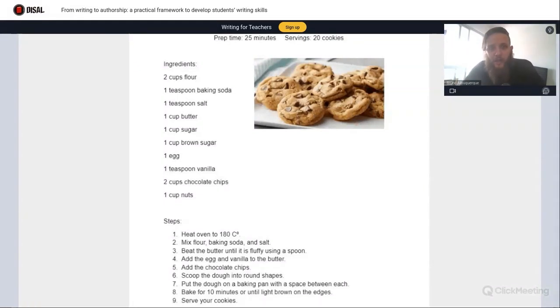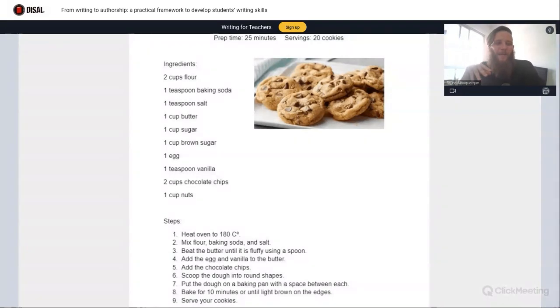Did they answer your question in English? Some questions, yes. They said there's a picture of cookies, ingredients, and then they would answer in very short sentences, right? Teacher, ingredients, teacher, steps, teacher, pictures, teacher, prep time, right?